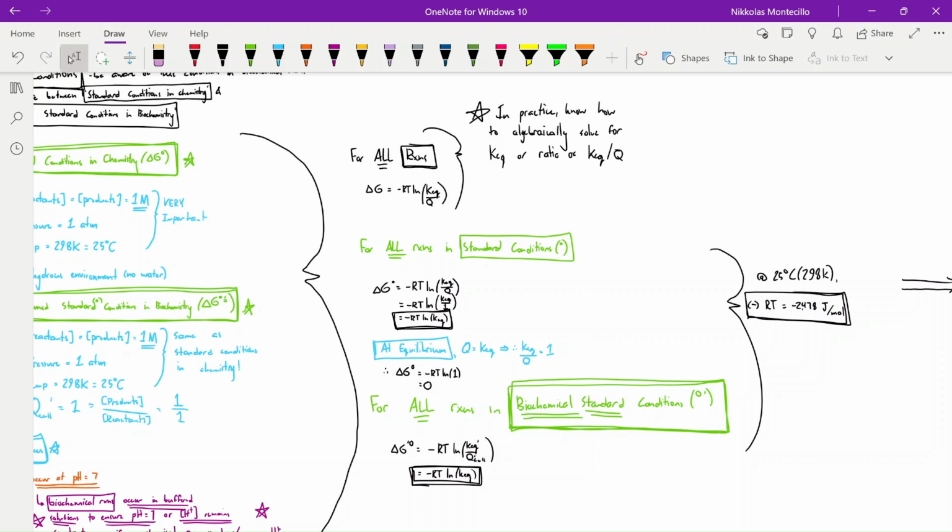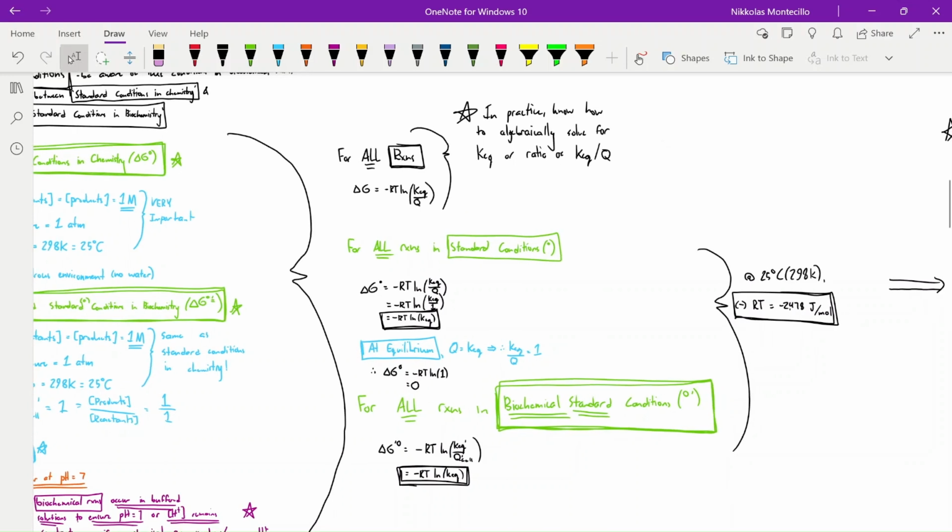So delta G essentially equals 0, which means that there is no energy available to do work in the system. So we essentially consider the system to be at equilibrium. Now, for all reactions in biochemical standard conditions, delta G prime standard equals negative RT ln KEQ over Q cell, which is equivalent to negative RT ln KEQ.